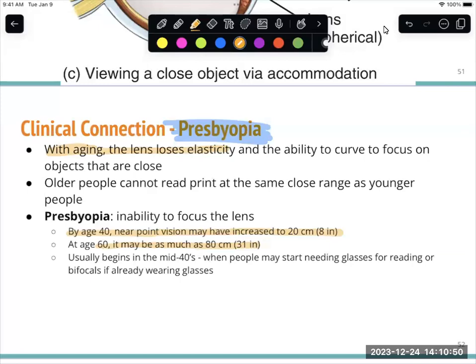So people have to hold things at arm's length. It begins in their 40s, mid 40s. People start needing glasses for reading, or bifocals if they're already wearing glasses, around this time, just because of that lens losing its elasticity.